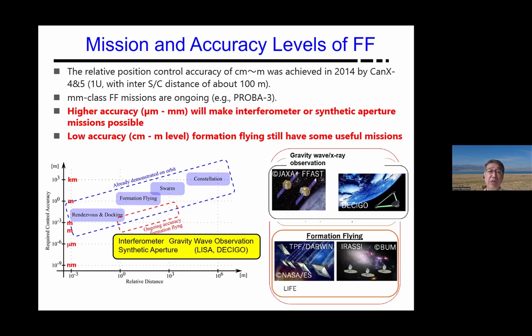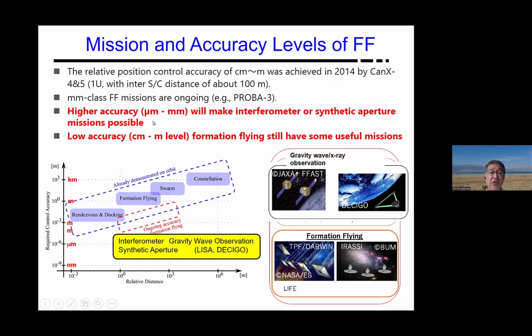And also the mission and the accuracy level of formation flying have a very close relationship. Currently, relative position control accuracy of centimeter to meter was achieved by several satellite technologies, and millimeter-class formation flying missions are now underway with PROBA-3 from a European agency.